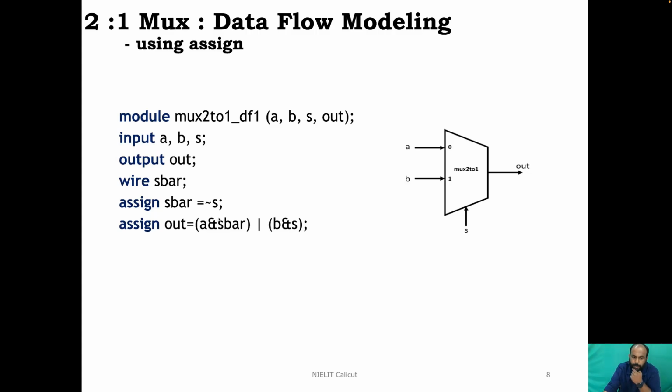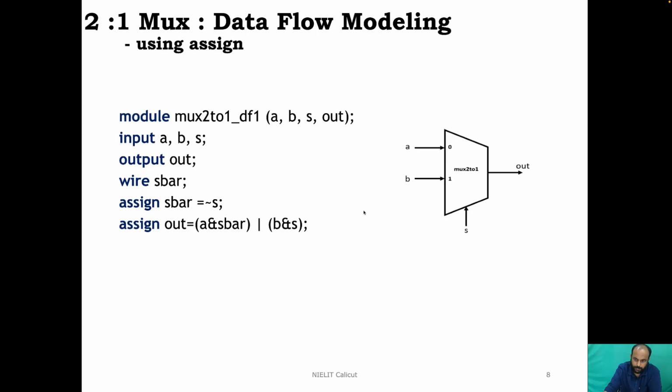Because there would be operator precedence, that is, we are not sure whether the AND operator will work ahead of the OR operator, if we are not sure about it, we put a bracket to override the precedence. Whenever there is a bracket, it gets priority. So A will get bitwise ANDed with S bar, and B will get bitwise ANDed with S, and the OR of these two things will be assigned to output, materializing the sum of product expression.